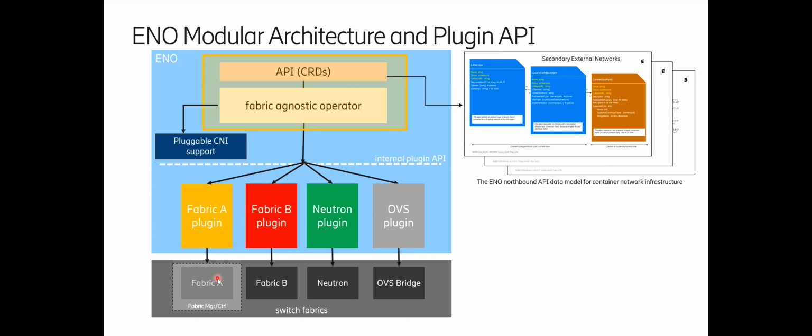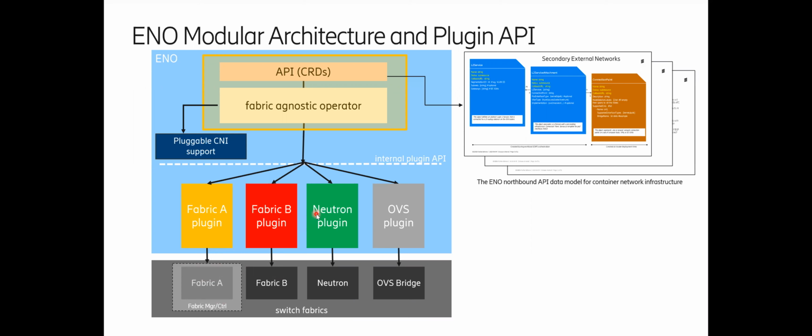So if a customer or an operator has fabric A as the data fabric for their solution, there will be a corresponding fabric plugin for that fabric to configure the underlying networks. That could have an interface either directly to the fabric or to some fabric manager or controller, like an SDN controller, to configure that fabric.